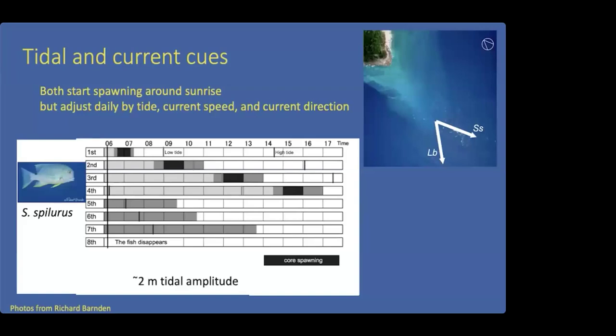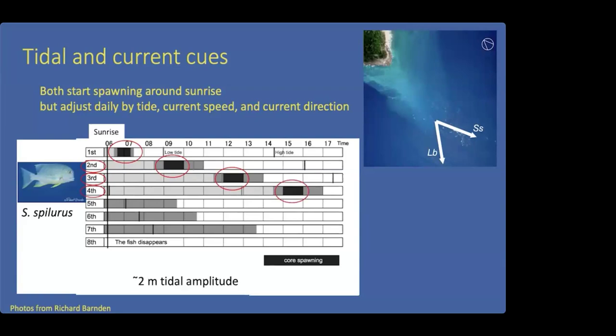So in the first day of spawning for this species, timing of spawning occurs right around sunrise, a little after sunrise, but in the subsequent several days, spawning occurs 90 minutes later each day, so that by the 4th day after spawning begins, it will occur in the late afternoon.